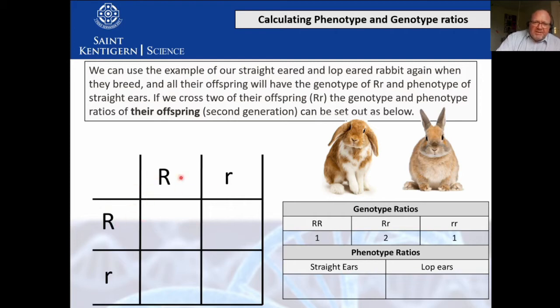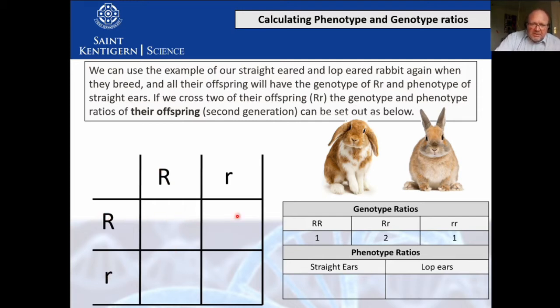As you can see here, these two cross with each other. In the first one, we have a big R and another big R, and that is a homozygous dominant. Now this R goes one down, and we have a big R and a little r. So that's going to be a heterozygote, but he's got a dominant trait, so consequently his phenotype will be straight-eared.